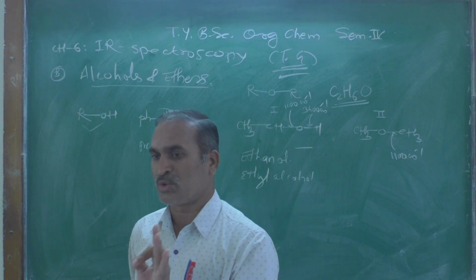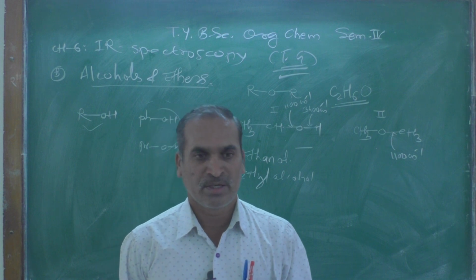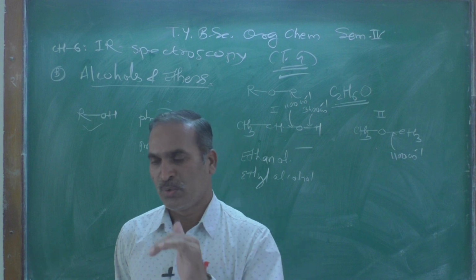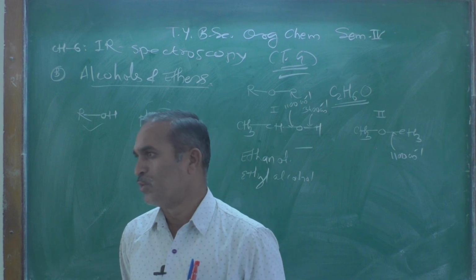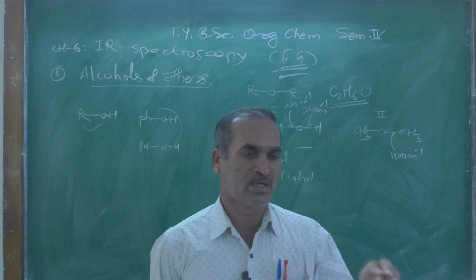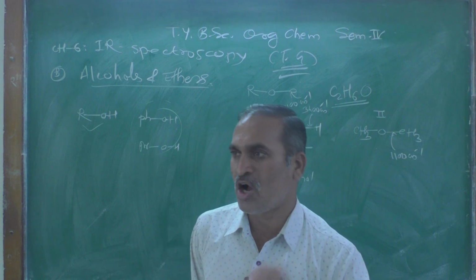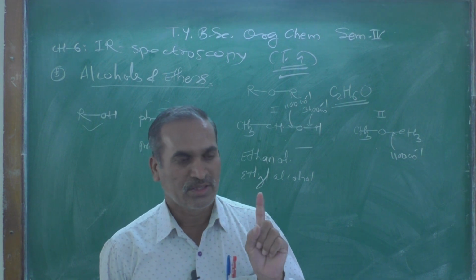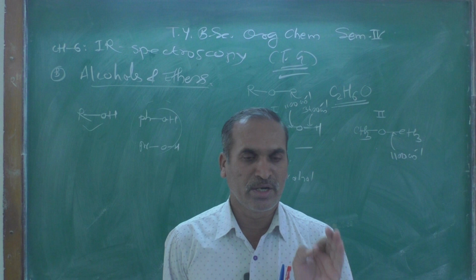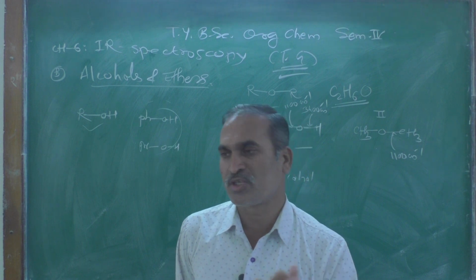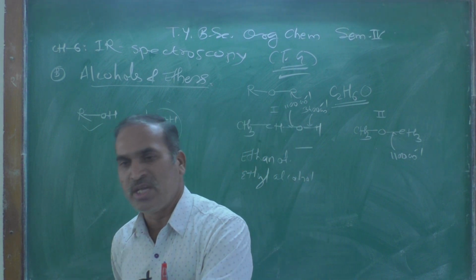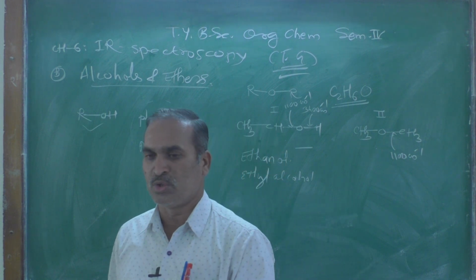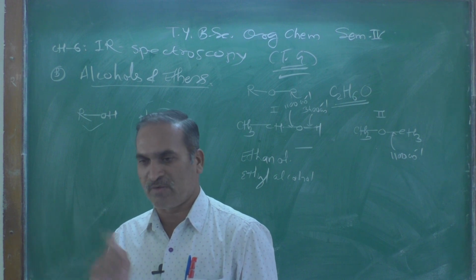So these are the two prominent peaks observed in alcohol, whereas if you observe the spectrum of ether, you will find there is only one absorption peak, near 1100 per centimeter, due to CO stretching frequency.